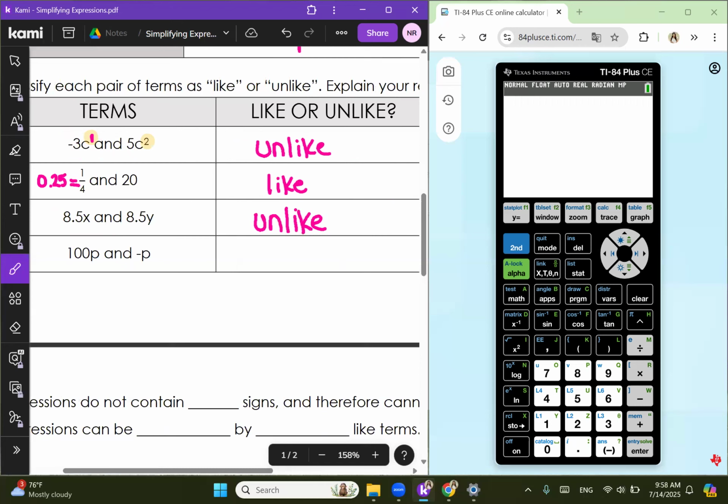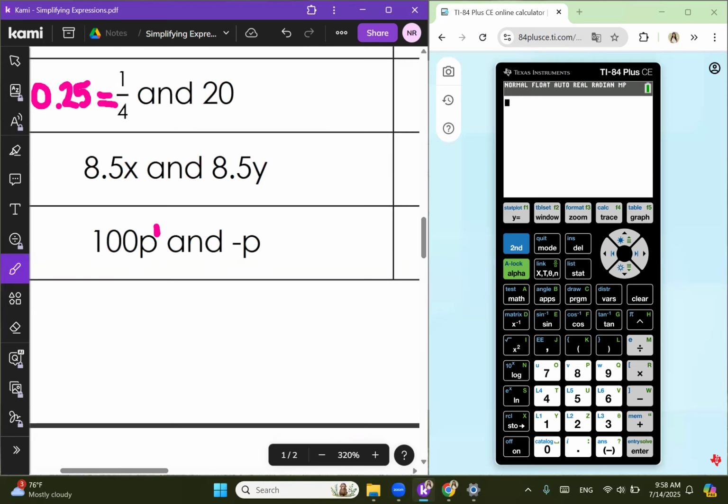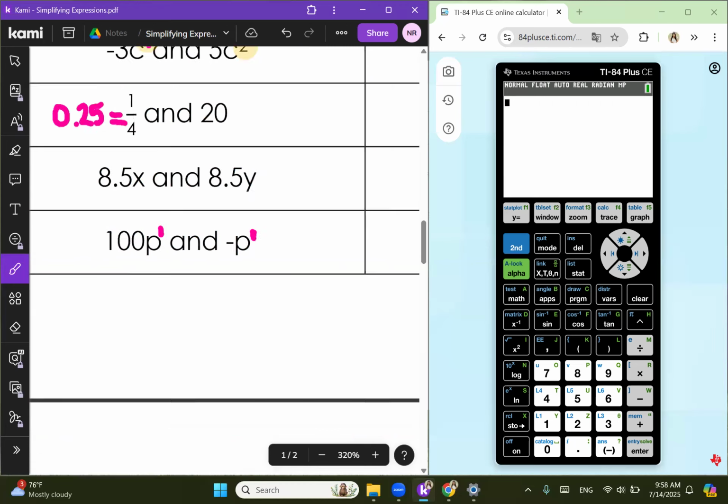Okay. And then you have 100p and negative p. This one's a little tricky. Think about your rules. First rule, do they have the same variable? Do they have the same letter? Yes, they do. Do they have the same exponent? Well, because neither one of them has an exponent, technically the exponent is 1, making it same variable, same exponent.